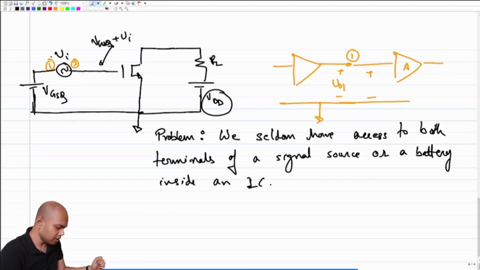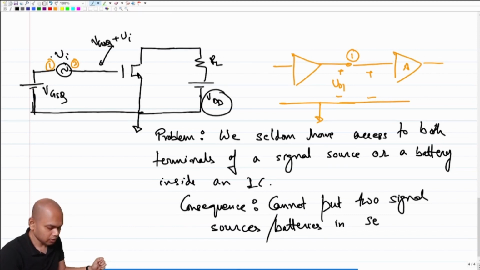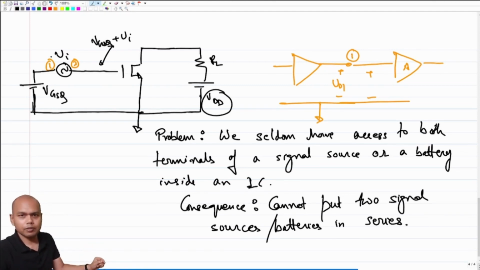So the consequence is that we cannot put two signal sources or batteries in series. Note that this is a constraint in an integrated circuit environment, right?